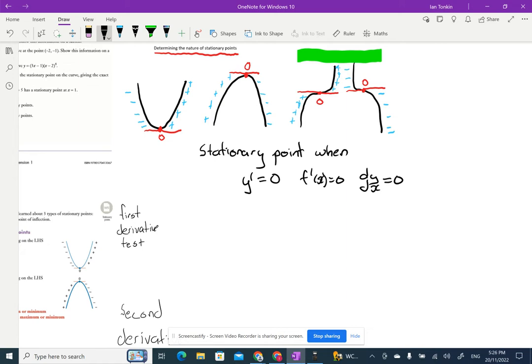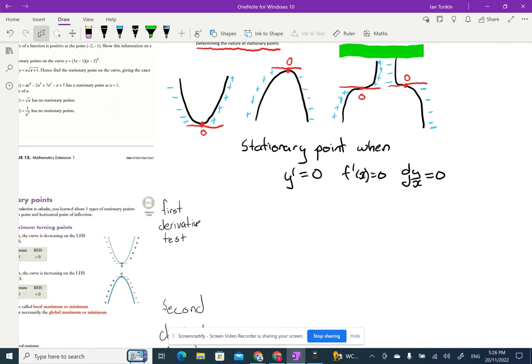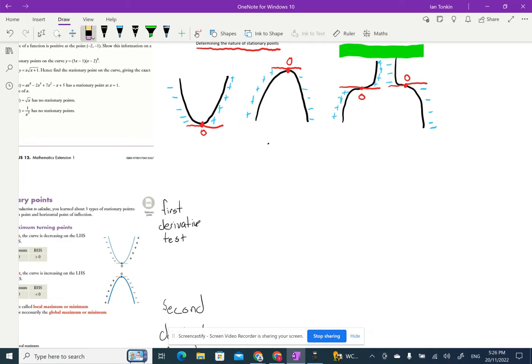Well, you can find out because all of them have a different thing that happens either side of the stationary point, and it's a gradient. So the first one, and I'm going to try and create some space here, so I'm going to rub these out. You should know how to find a stationary point.